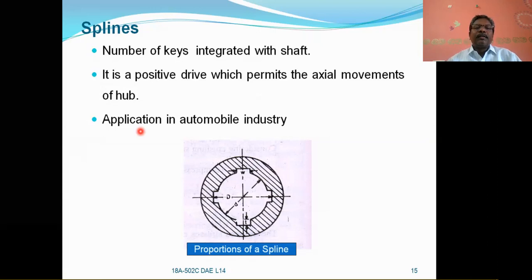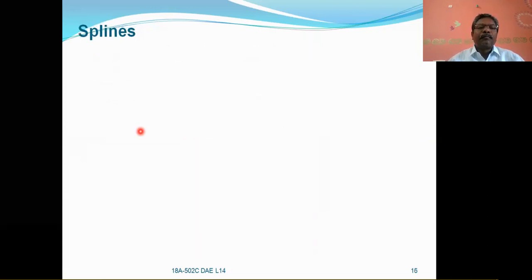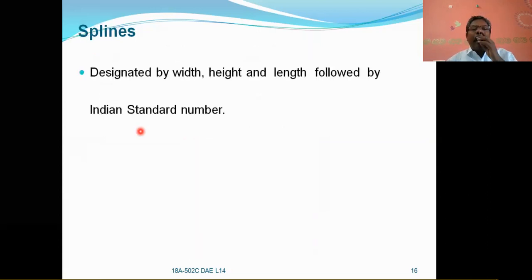The designation or specification of spline shafts as per the Indian Standards is given by, number one width, number two height, number three length. That means width into height into length, followed by the IS number.